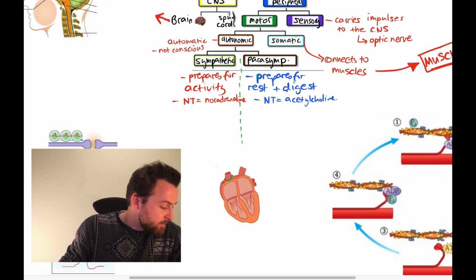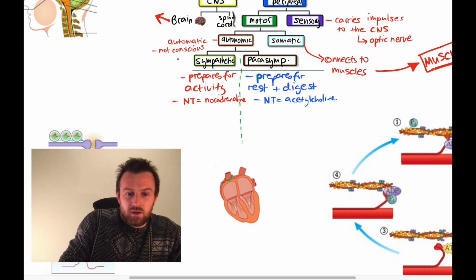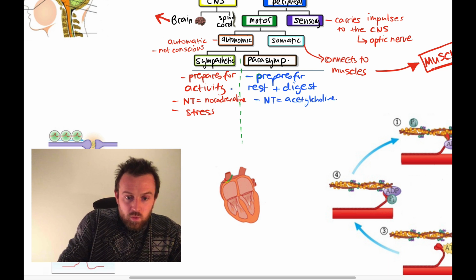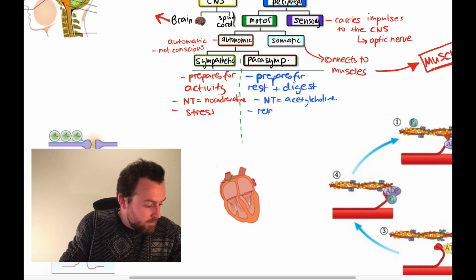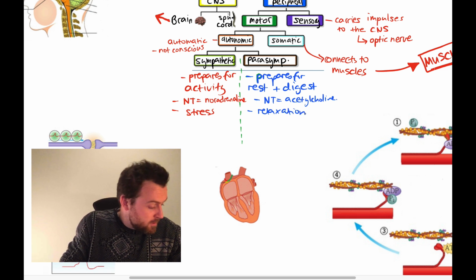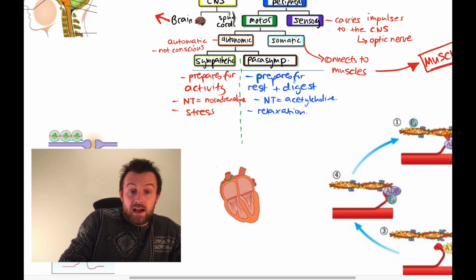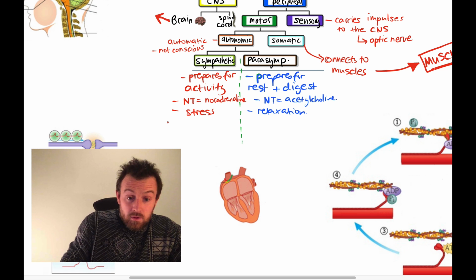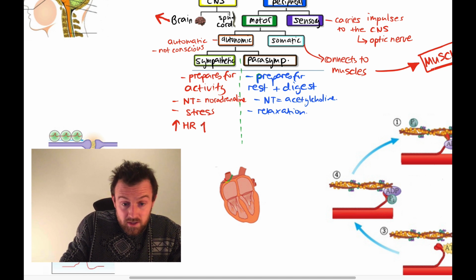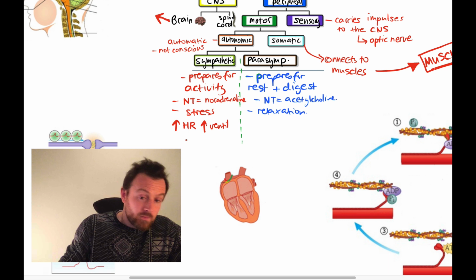What else? So this one is kind of to do with stress. This one is to do with relaxation or sleep. And this one increases heart rate, HR, increases ventilation of the lungs, and decreases digestion.